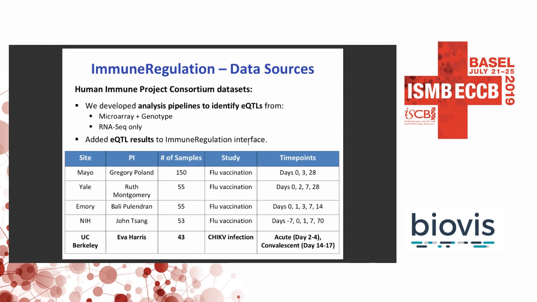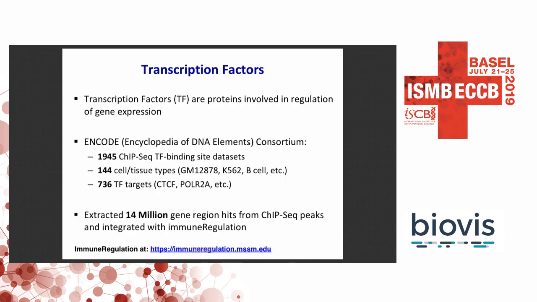And also for our consortium, we have analysis pipelines to identify eQTLs, both cis and trans, and different flu and chikungunya and other data sets that are being developed. In terms of transcription factors, which are proteins involved in gene expression regulation, we incorporated ENCODE data from about 2,000 ChIP-seq data sets, and we extracted about 14 million hits from ChIP-seq peaks and integrated them within ImmuneRegulation.